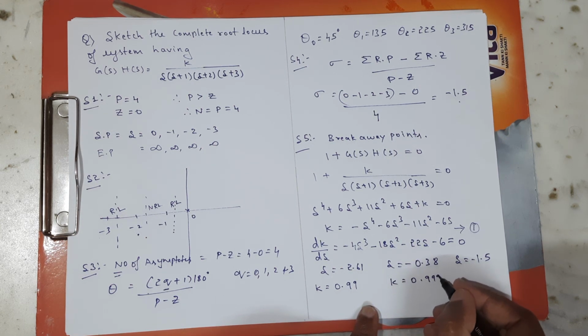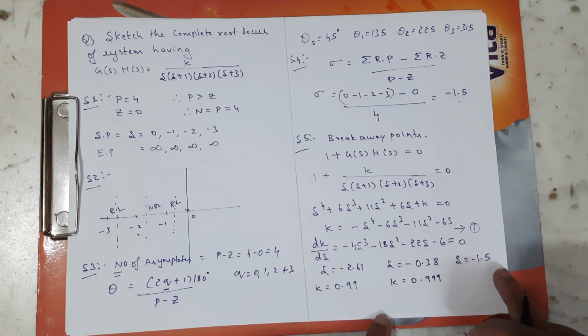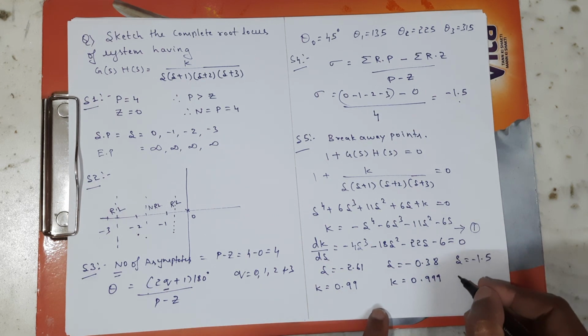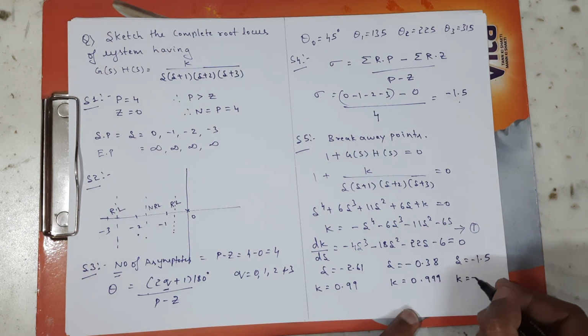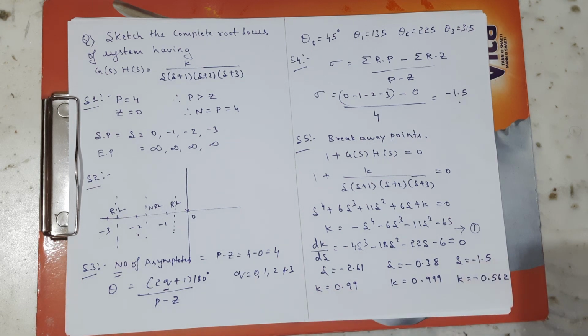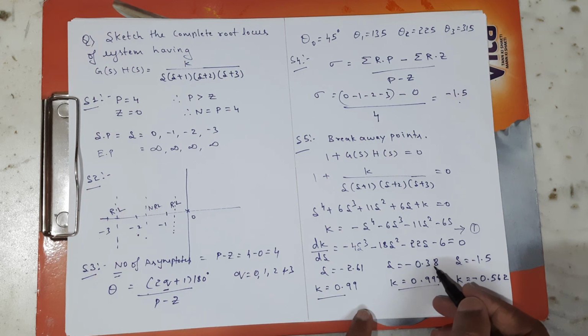Okay, so when s is equal to minus 0.38, I got the value of k as 0.99. When s is equal to minus 1.5, the value of k that I got is minus 0.562. Now see here, you can find out that the k value is positive when s is equal to minus 2.61 and the k value is positive when s is equal to minus 0.38.